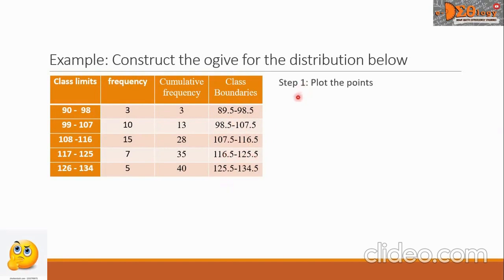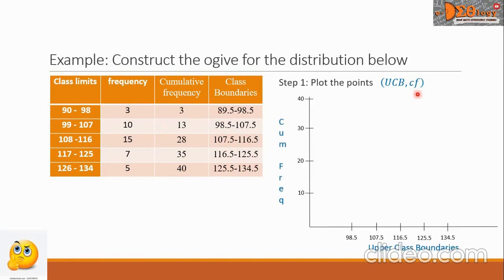For step 1, let us now plot the points. Take note that the upper class boundary is used as the x coordinate, while the cumulative frequency is for the y coordinate. It means to say, when we write our x and y axis, the x-axis represents the upper class boundaries, while the y-axis represents the cumulative frequency.